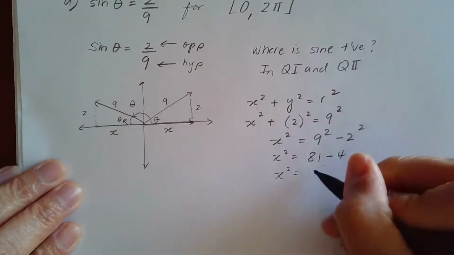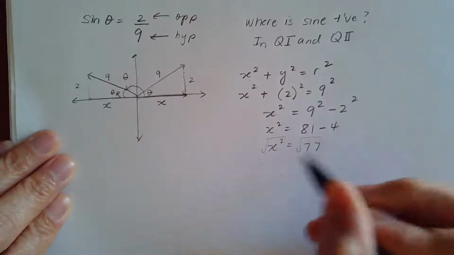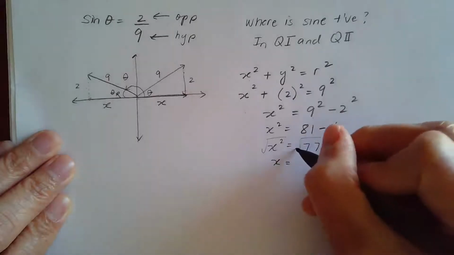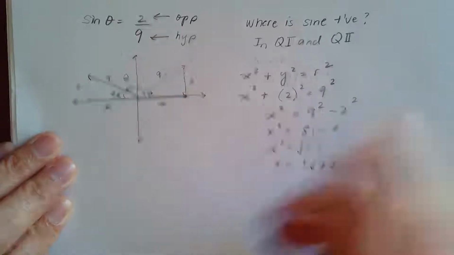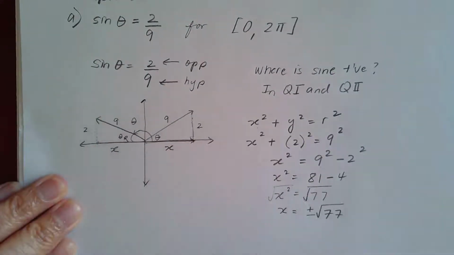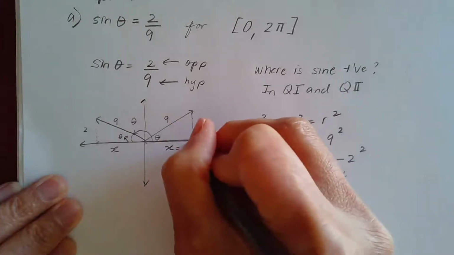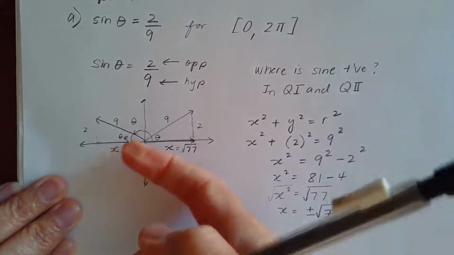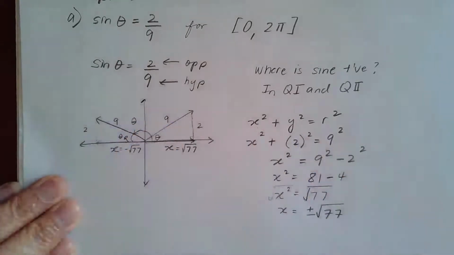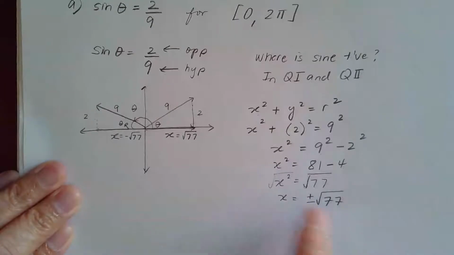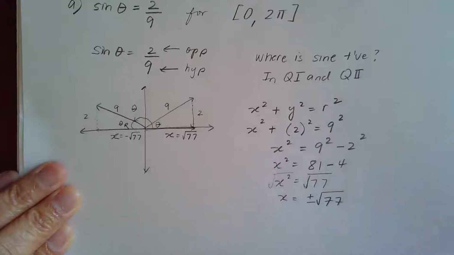That is equal to 77. Now when we take the square root of each side, this is where we see that we can have a plus and minus root of 77. So that means x in quadrant 1 is going to be positive root 77, but in quadrant number 2, it's going to be negative root of 77. Now that we have all of the parts, we can do the other trigonometric ratios.